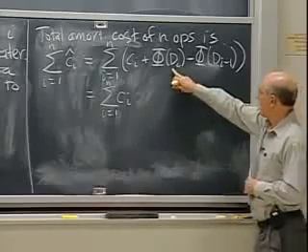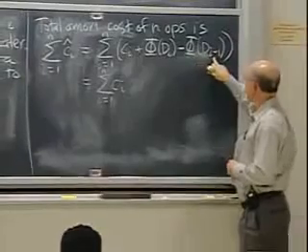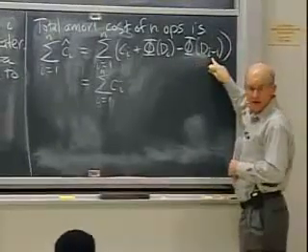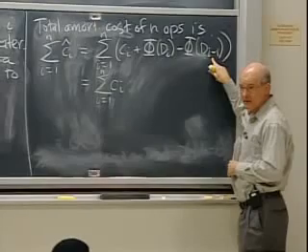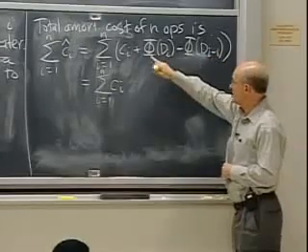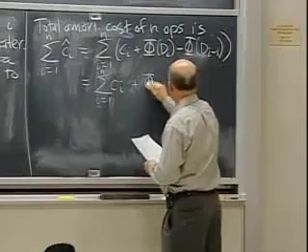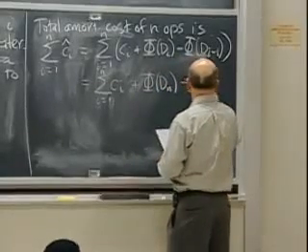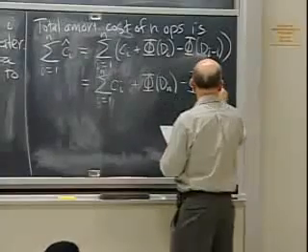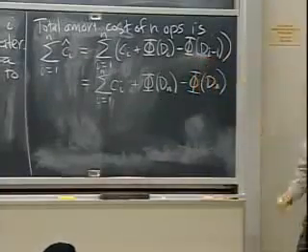Every term is added in once when it's i and subtracted out when it's i minus 1, except for the first and last terms. The term for n is only added in, and the term for 0 is only subtracted out. So this is because it telescopes.